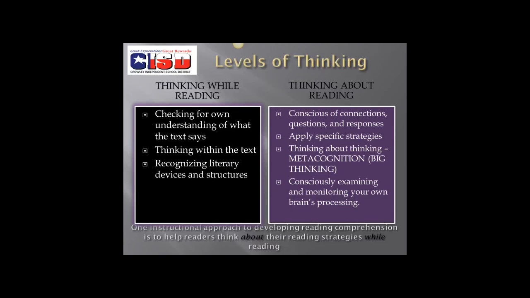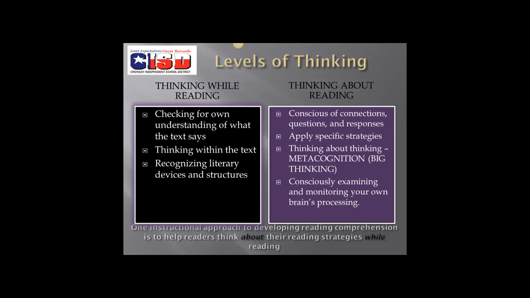The levels of thinking that are required in reading vary. Thinking while reading, where we're checking for our own understanding of what the text says, we're thinking within the text, we're recognizing literary devices and structures. However, thinking about our reading makes us conscious of our own connections, our own questions, and our own responses to what we read.